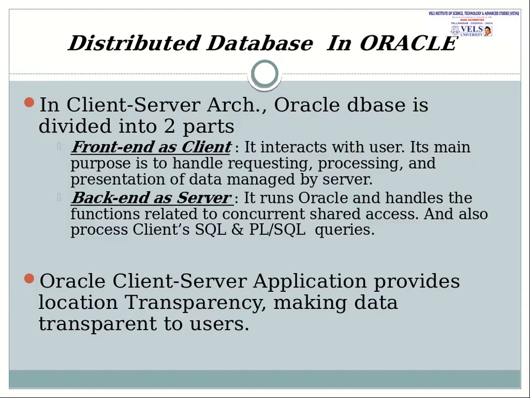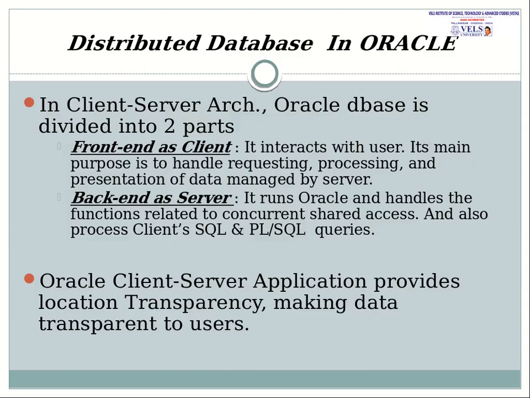If the front end application is, say, a VB application or any application software that interacts with the user, it mainly handles requesting, processing and presentation of data managed by the server. So it handles whatever requests go from the client to the server, and the interaction between client and server. The back end is the database server, in this case the Oracle database server.